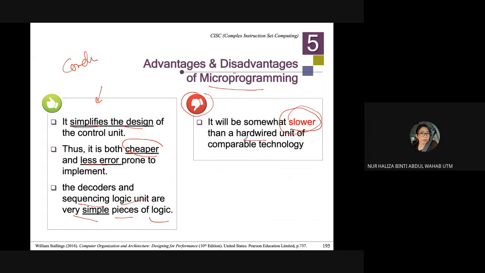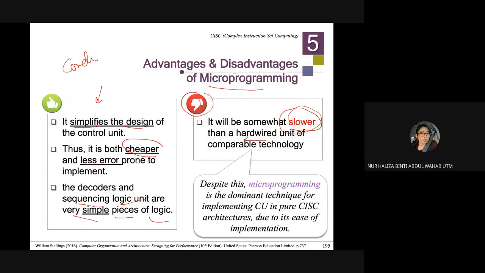So that is about the advantages and disadvantages of microprogramming. Despite this, microprogramming is the dominant technique for implementing the CU in CISC, the complex instruction set computer architecture, due to its ease of implementation. Of course, it's going to be easy for you to erase and restructure your programming rather than redesign your sequential circuit.